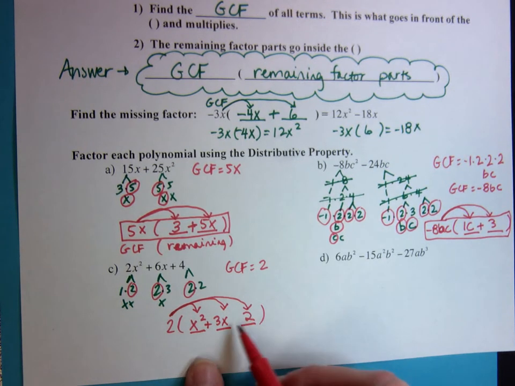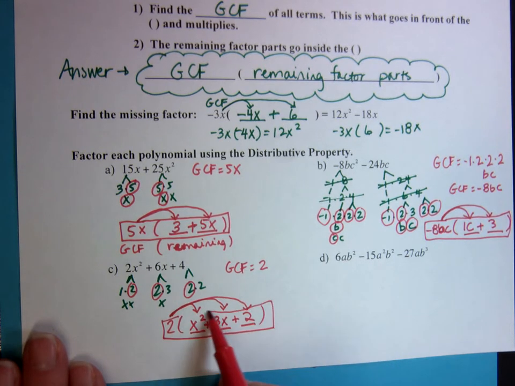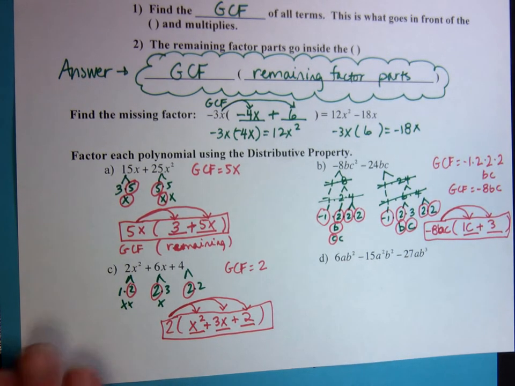And we need a plus right there. So your answer is 2, and then in the parentheses we have another polynomial. Tomorrow we will learn how to factor that, what's inside. Does it just get more complicated once we keep going? I'm not going to say complicated, I'm going to say that there are more steps.